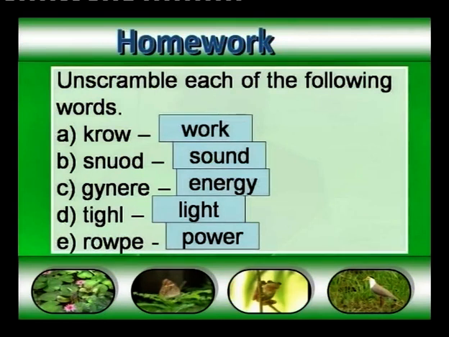Okay, receiving students in 6E, those are the correct answers for the homework.